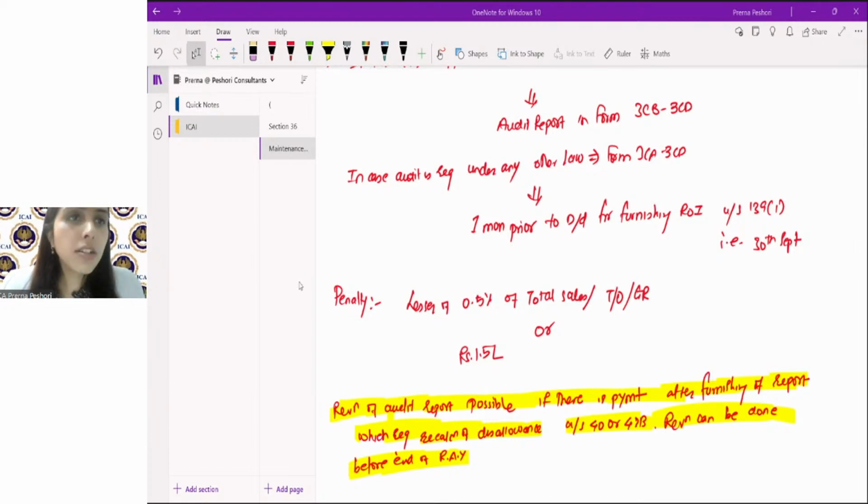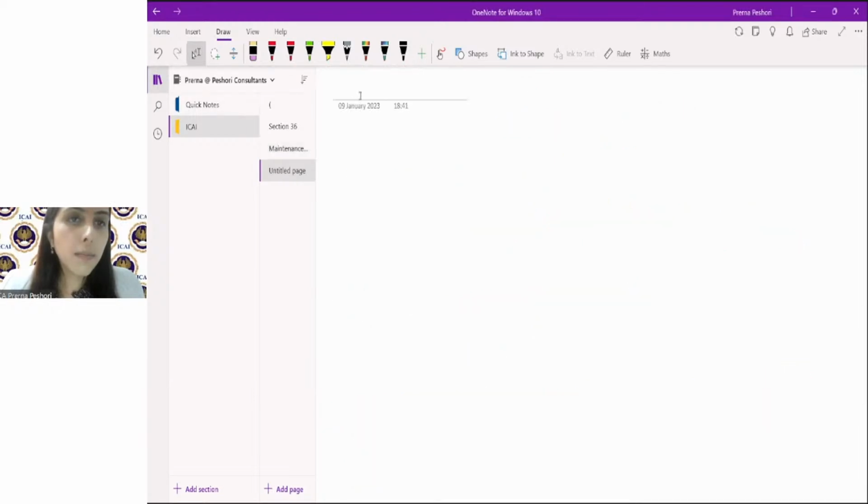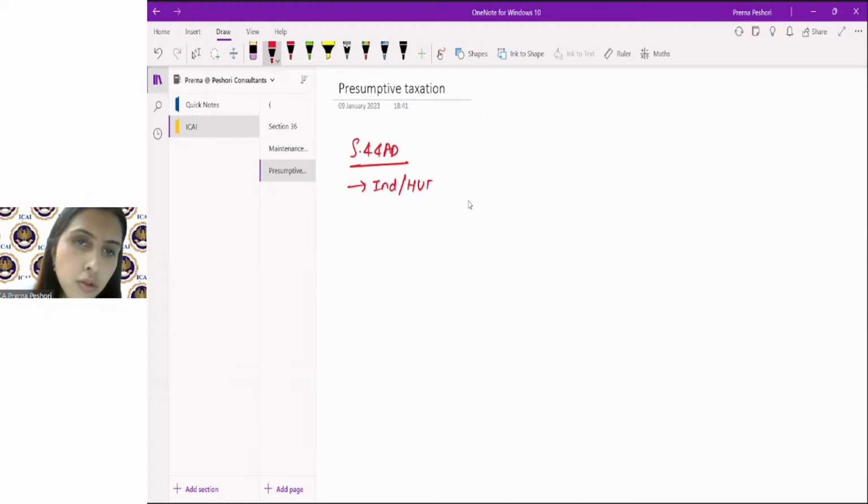Fine. Now the last part, the presumptive taxation. So first, section 44AD. Section 44AD is allowed to an individual or HUF or partnership firm other than LLP.